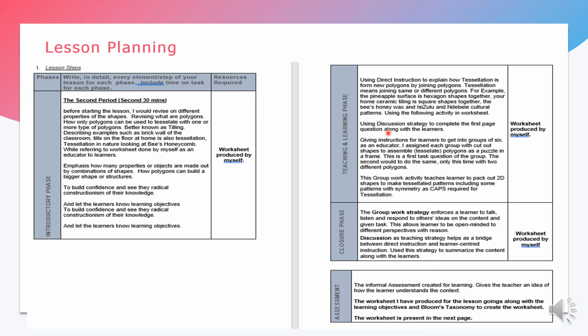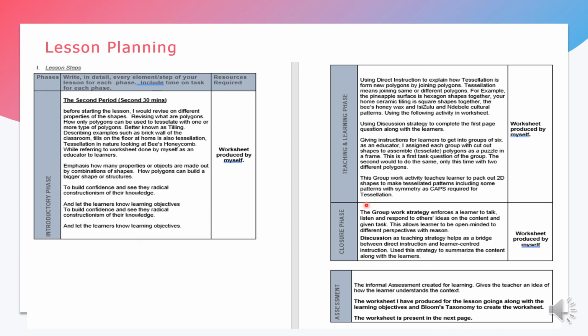They're getting into groups of 6, and we're going to give them 3D shape cutouts, and they are going to have to make their own tessellation using that type of shape.